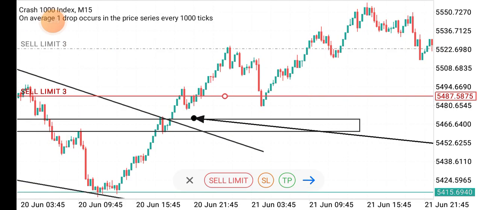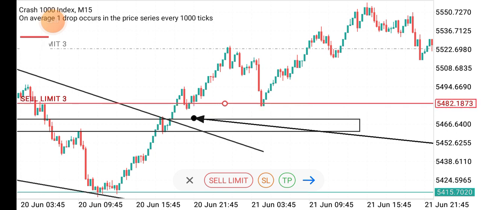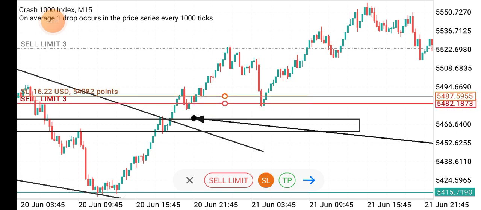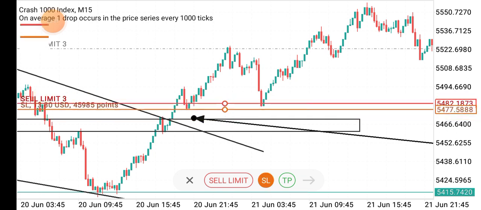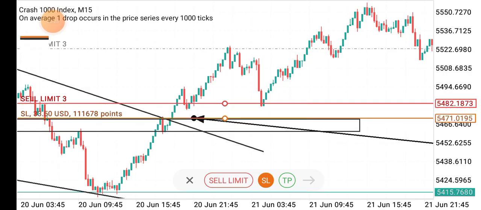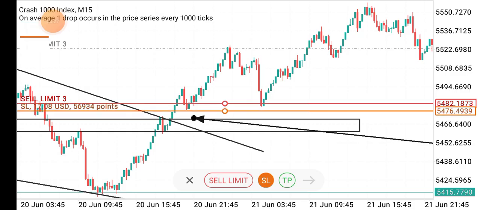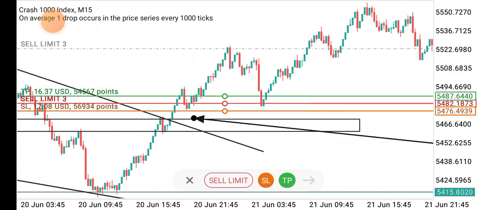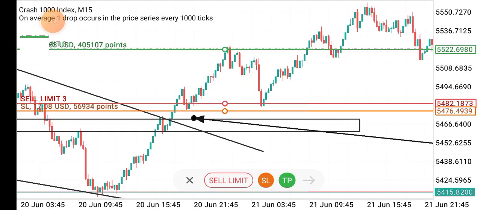From here alone, and your stop loss is just how much? About $7 or $17. Is it 17? Yeah, $17. Then my TP would be, sorry, I'm just doing this based on my account size.